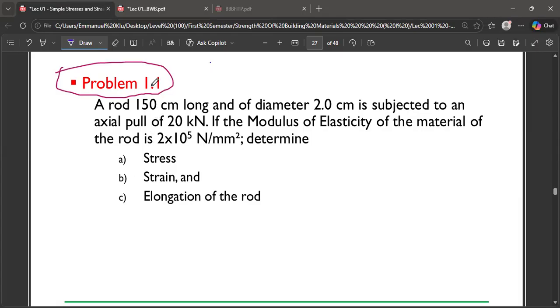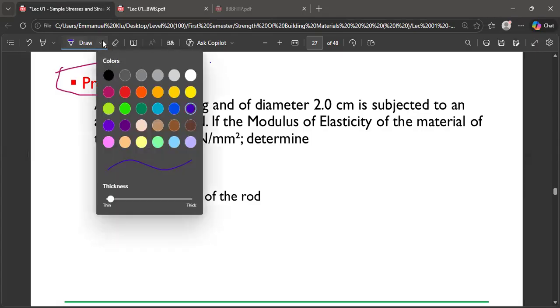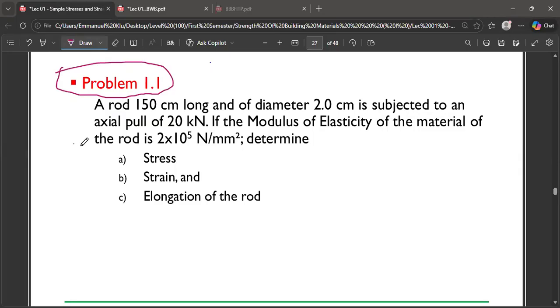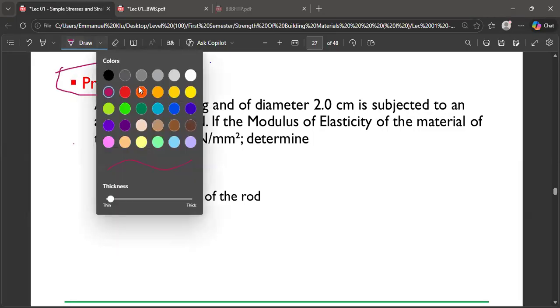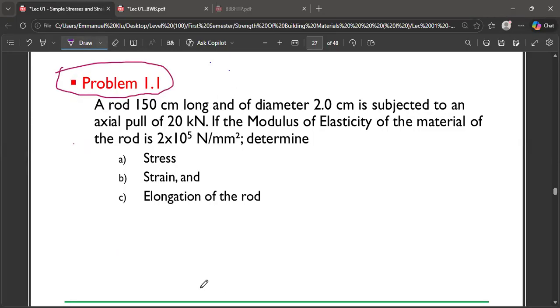Any other person to read the question for us before we proceed? A rod of 150 centimeters long and of diameter 2.0 centimeters is subjected to an axial pull of 20 kilonewton.